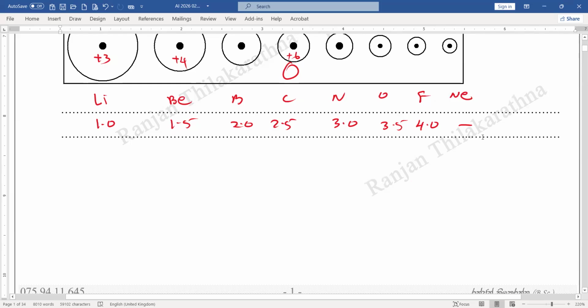Remember that fluorine has the highest electronegativity among all the elements in the periodic table. If you get all the elements in the periodic table, this fluorine has the highest electronegativity. That means it can attract electrons much more strongly than any other element.